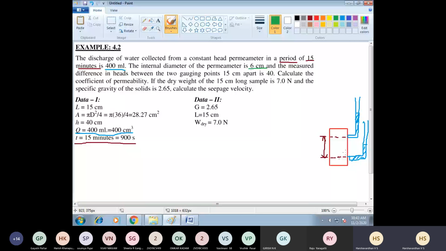So they are giving the diameter of the permeameter, and we have to calculate the cross-sectional area. Cross-sectional area is given by pi d square by 4. So d is 6, d square is 36. So area will be pi into 6 square by 4, which is equal to 28.27 centimeter square.